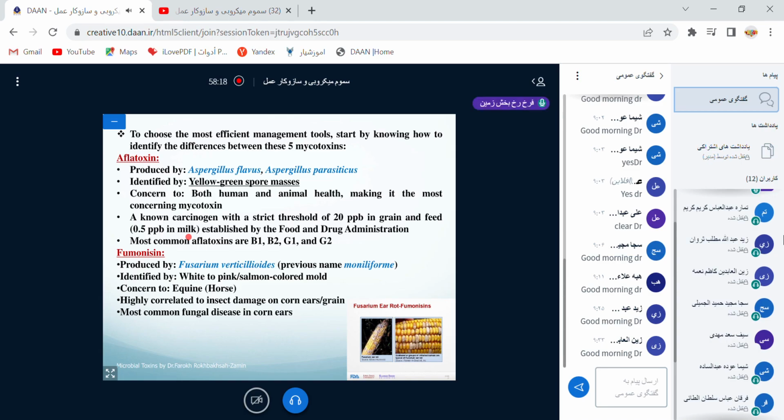So, a known carcinogen with a strict threshold of 20 ppb in grain and feed, 0.5 ppb in milk, established by the Food and Drug Administration. The most common aflatoxins are B1, B2, G1, and G2.